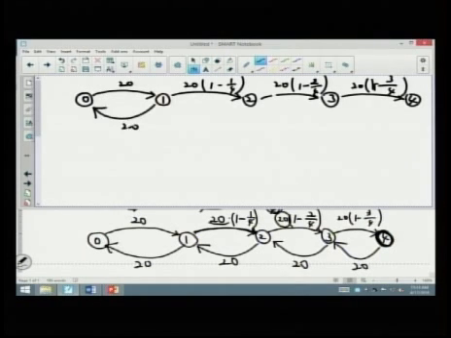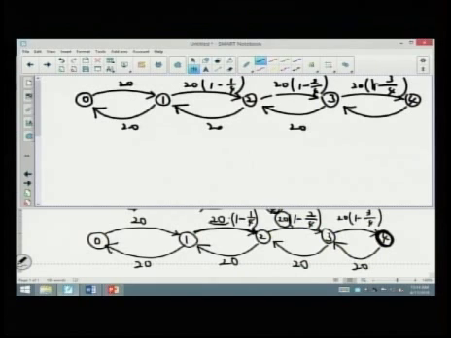And this is 20 all the way, right? So anyway, what is this value? This is 15, right? This is 10, and this is 5.